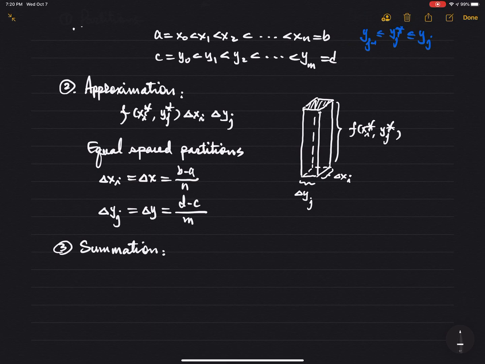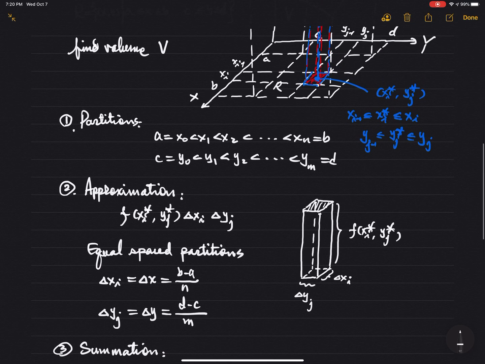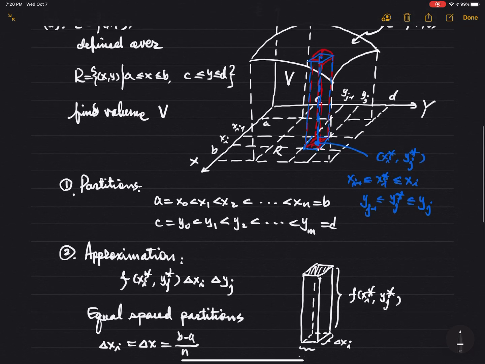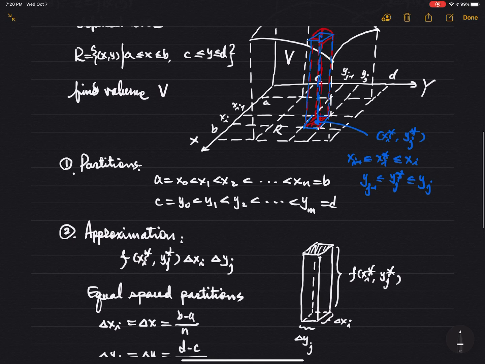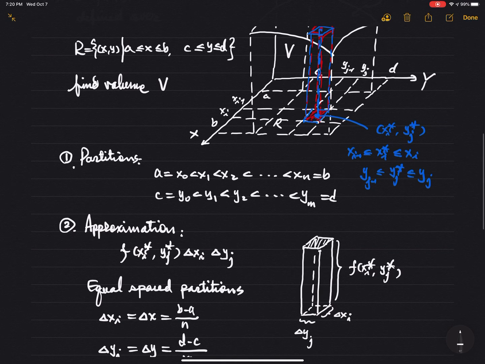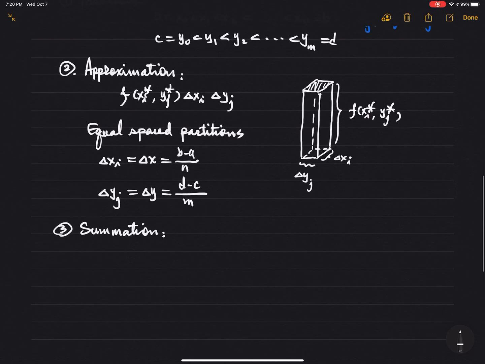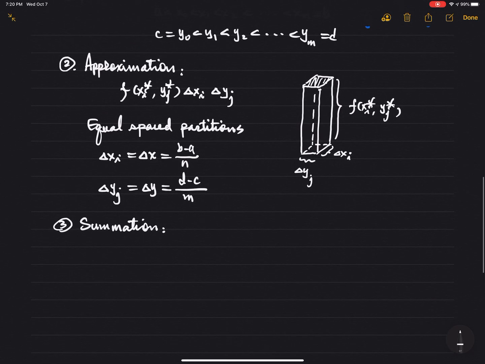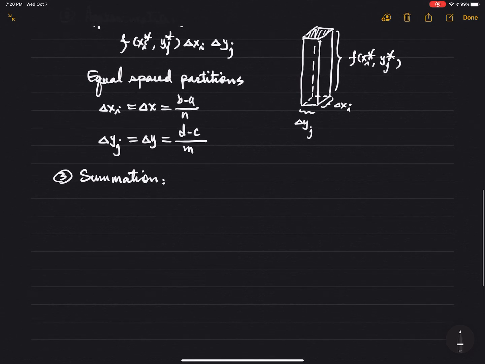Okay, summation. So you see, on each area we have a rectangular box, and on the whole region R you have many rectangular boxes. So you add them. Well, you see you have n rows, m columns. So when you add them, your book uses one summation, and at the bottom both m and n.